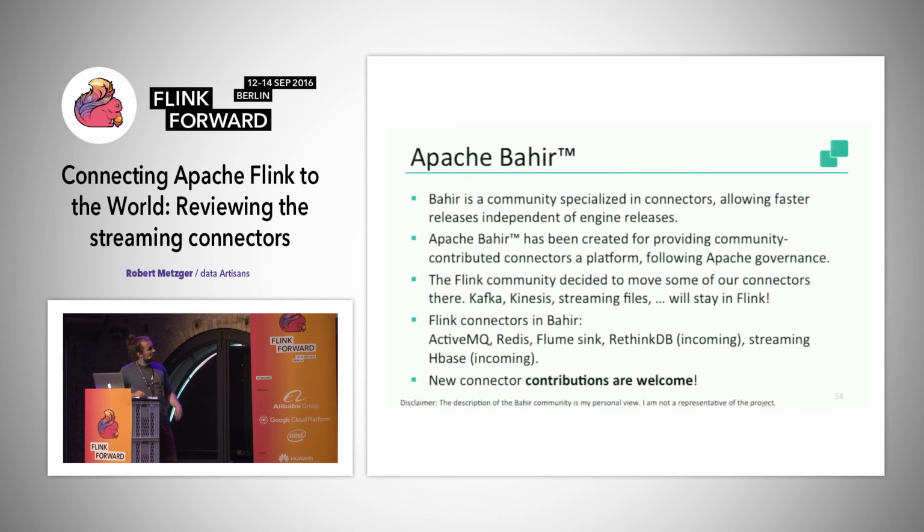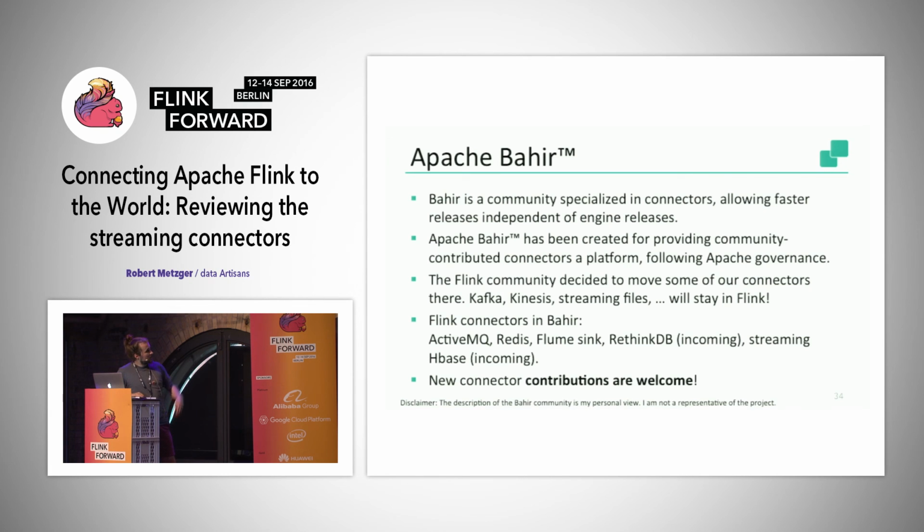So the Flink community decided to move some of the connectors to Bahir. The hope is that Apache Bahir, being focused only on connectors, can have shorter release cycles and advance the connectors more swiftly than the Flink release cycles, which are a bit slower. But the important connectors like Kafka, Kinesis, and files will stay in Flink.